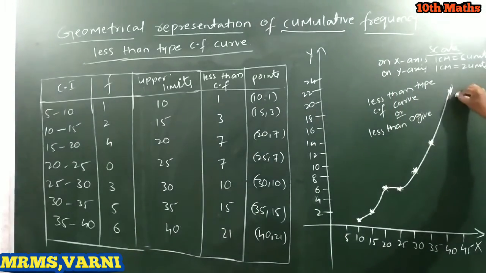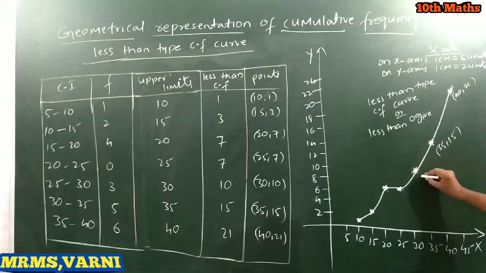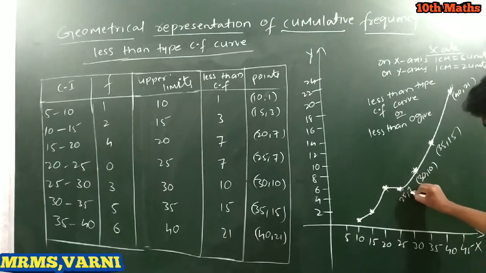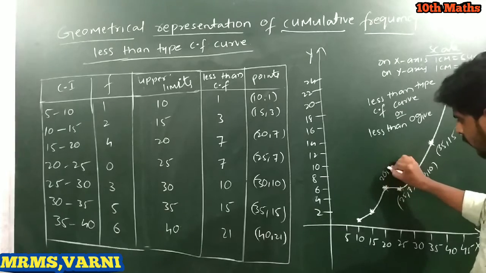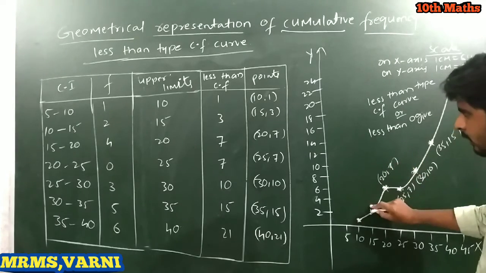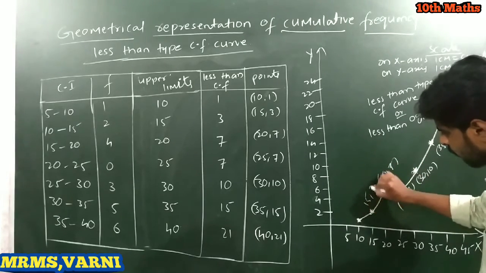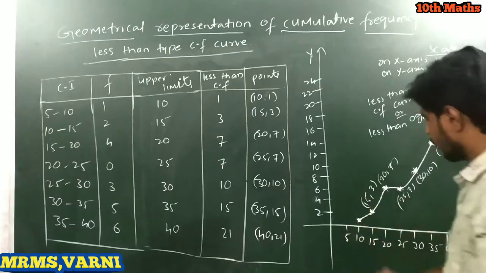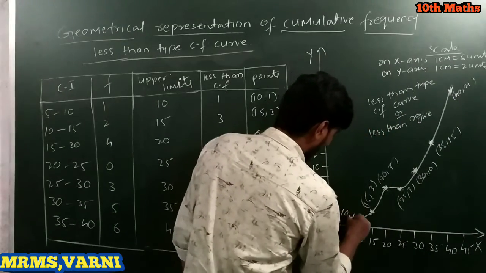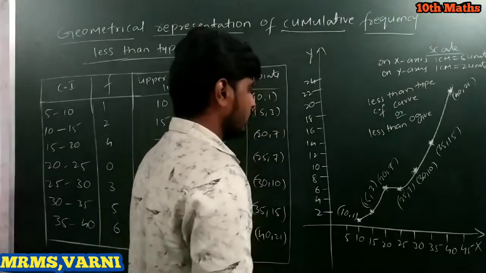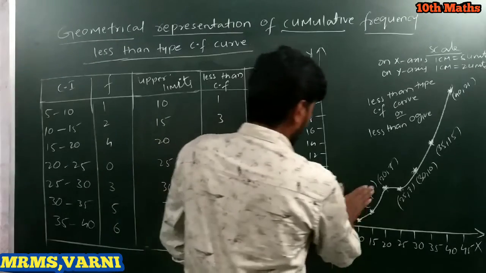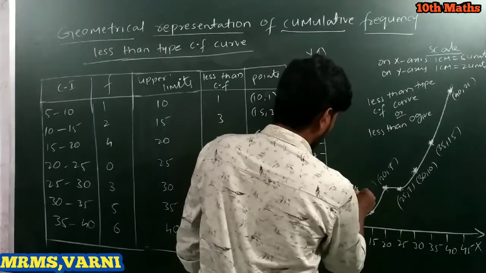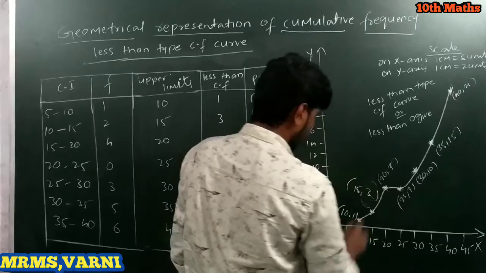This point is 40 comma 21, and this 35 comma 15, this one 30 comma 10, 25 comma 7, it is 20 comma 7, and this 15 comma 3, this 10 comma 1. Okay, right. So this is 15 comma 3.